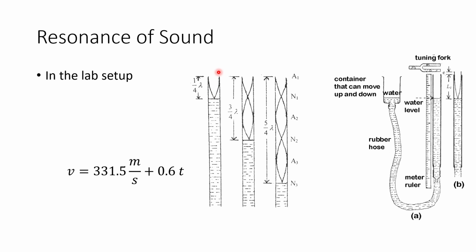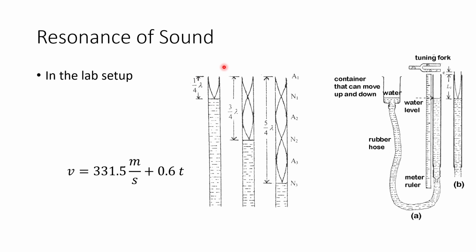Since this side of the pipe is open, it allows the vibration to oscillate nicely. But since right here is the surface of the water, it does not allow a proper vibration here. So this is going to be called the antinode, and this is going to be called a node. So if you adjust the length such that it matches 1/4 of the lambda, you create what you call the resonance.